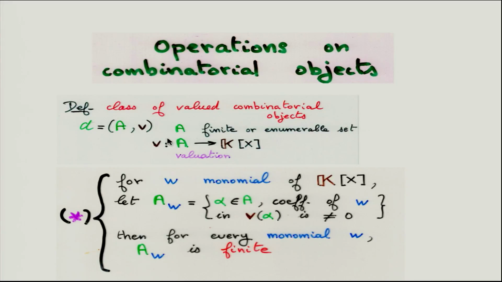Okay, so definition, again: I have a finite or enumerable set. I have a weight, any map sending an element of A to a certain polynomial with variable x and coefficients in K, in general K is the integers, and there is a condition, so that I am going to define the generating function. I am going to define the infinite sum. The sum over all objects of this weight must make sense. To make sense, I have the condition star. For any monomial W in this weight, I take the set A index W, all the objects in A such that the coefficient of W in V of alpha is non-zero.